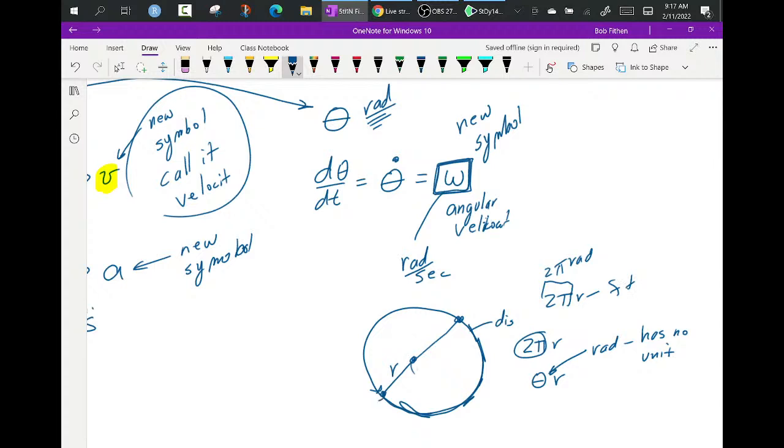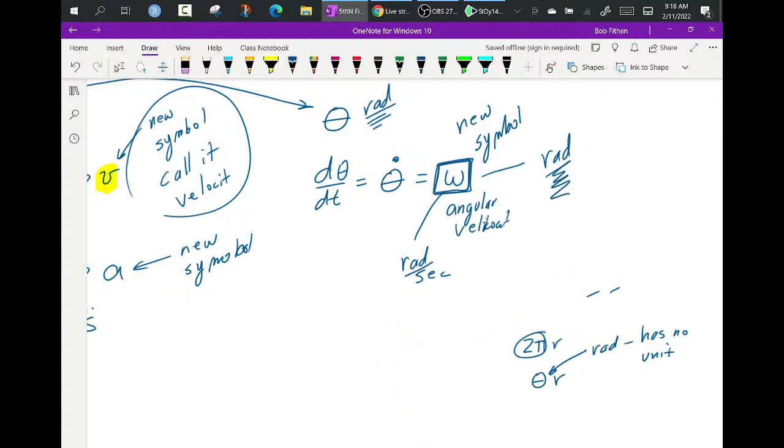So your distance you travel all the way around this circle is 2 pi r. So by listing these as radians, you could easily get the actual velocity, the tangential velocity out of this. If you list it as degrees, you've got to switch it to radians to get that.